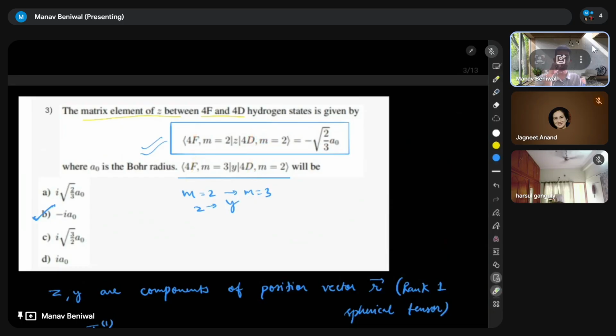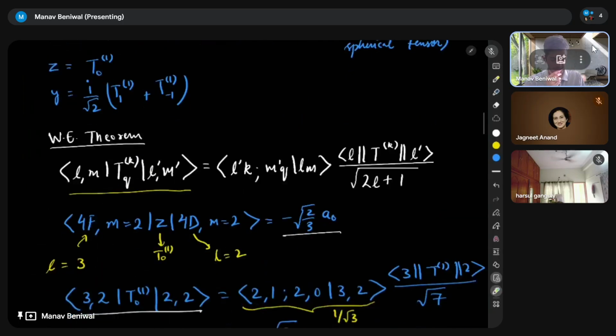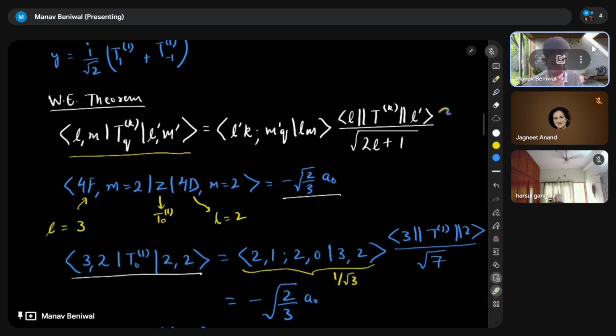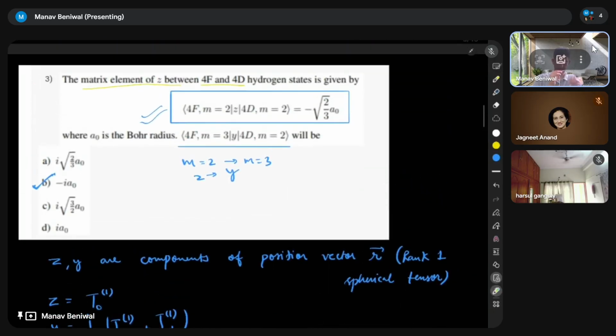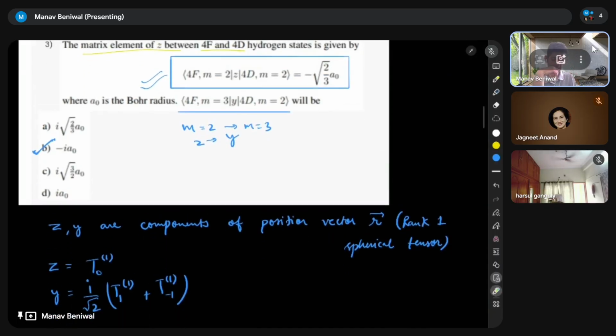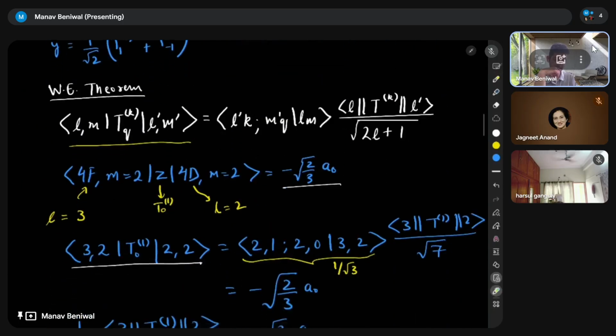So our L prime and L are the same in both cases. So essentially, using the Wigner-Eckart theorem, this factor is the same for both matrix elements. Because Z has changed to Y, the only thing that will change is the CG coefficient.